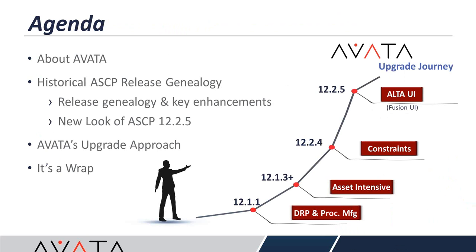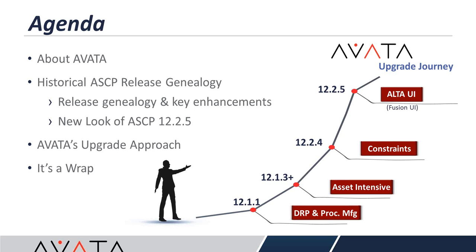I'd like to welcome Jim Hetherington. Thanks, Christina. A couple points. I just want to review the agenda, and we're going to be basically looking at two things today. We are going to focus on the enhancements of 12.2.5, but we're going to go back and give a bit of historical release genealogy to the product so that, regardless of where you are in terms of what version you're using, you can put in context where you are as compared to some of the enhancements over time.